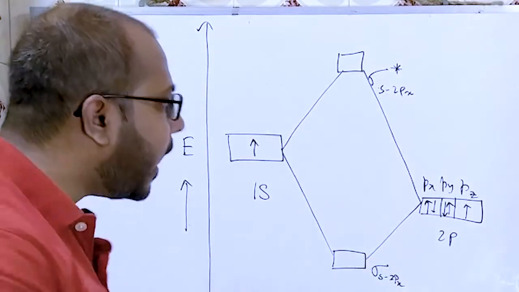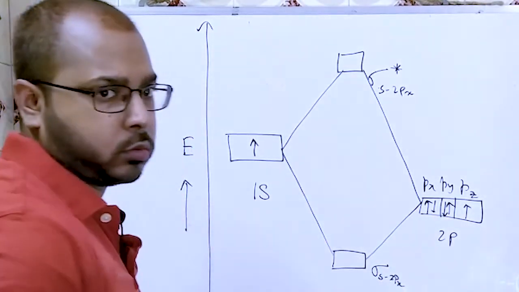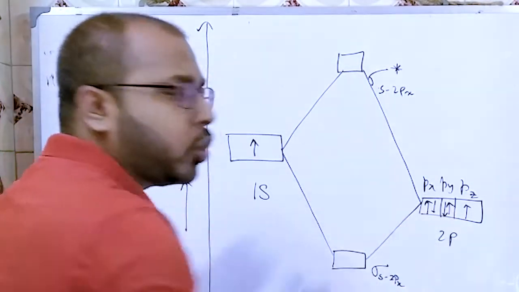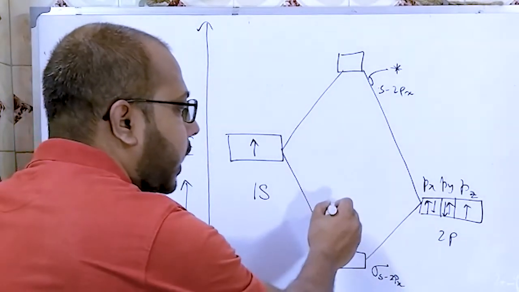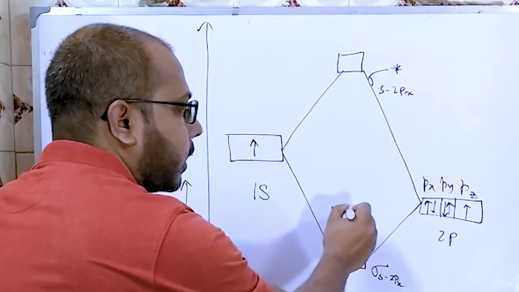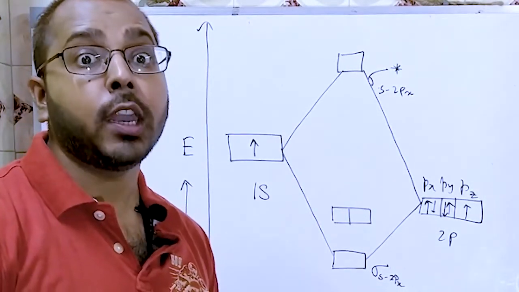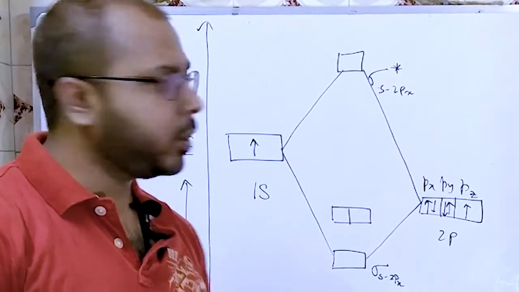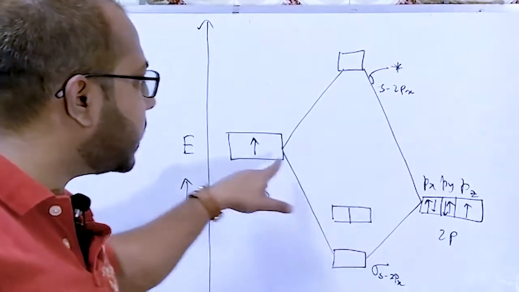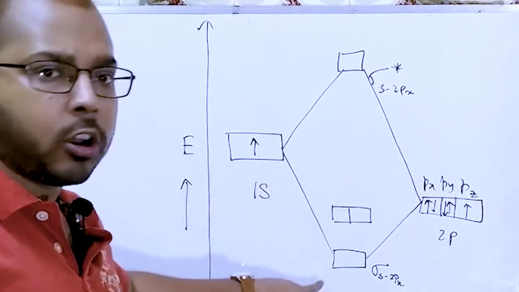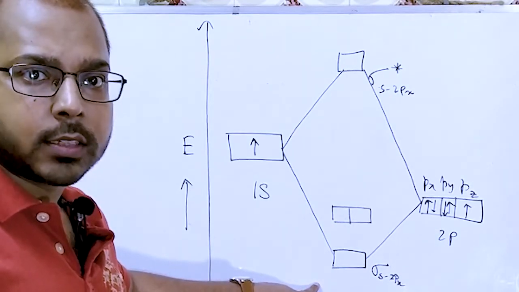But the remaining two, py and pz, are non-bonding electrons, because px and 1s are already involved, isn't it?